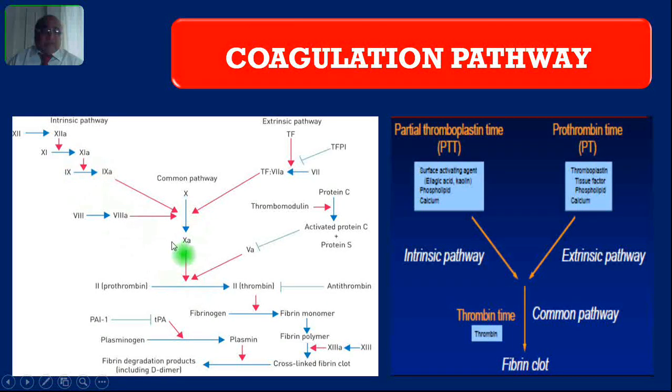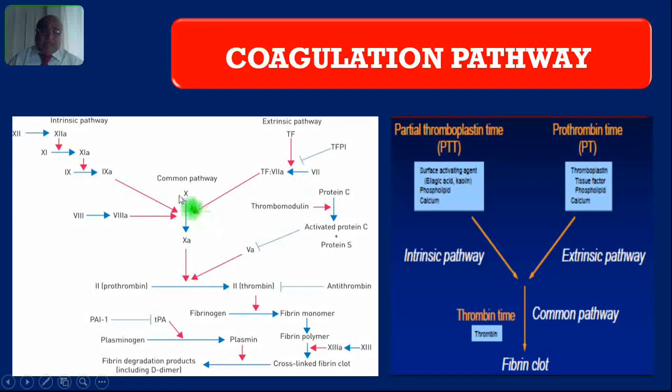In the intrinsic pathway, the factors involved are 12, 11, 9. The activated 9 will go and activate factor 10. This is the intrinsic pathway, whereas in the extrinsic pathway, there is a tissue factor that will activate factor 7 to activated factor 7.